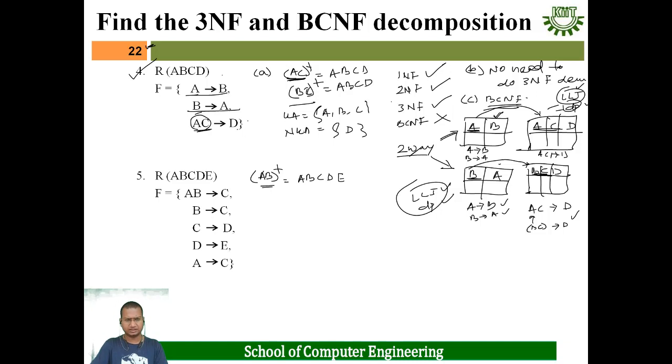Is AB present on the right hand side? No, AB is not present on the right hand side. That means the only key possible is your AB. What are the key attributes here? Key attributes will be your A and B. And what are the non-key attributes here? Non-key attributes will be your C, D, E.